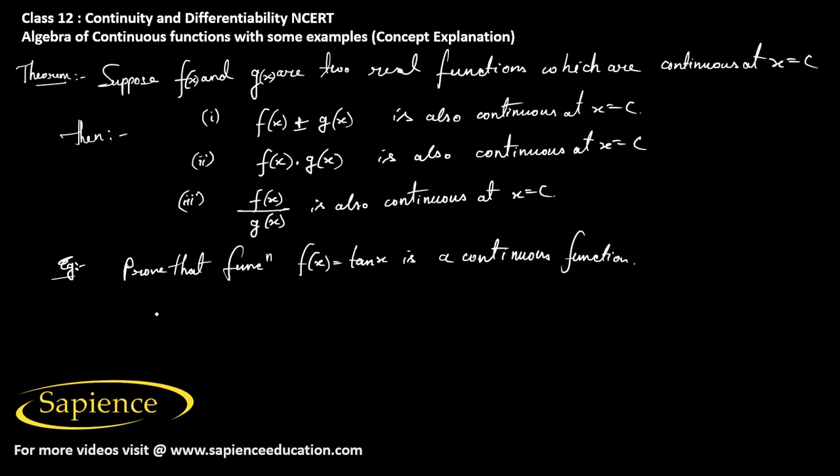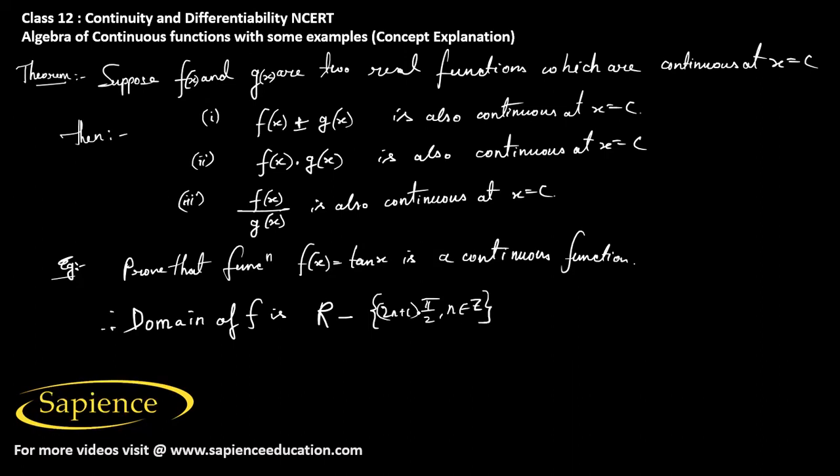So here, first we need to find the domain of the function f. So therefore the domain of the function f is all real numbers minus 2n plus 1 pi by 2 where n belongs to z.